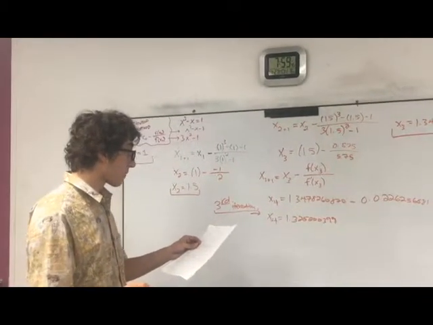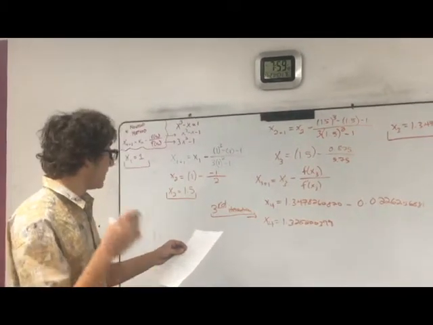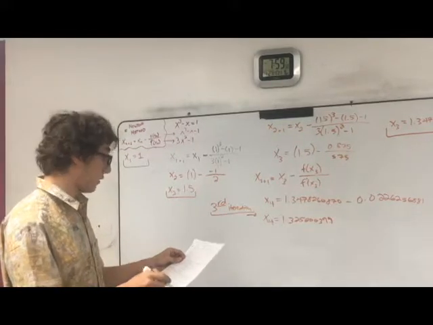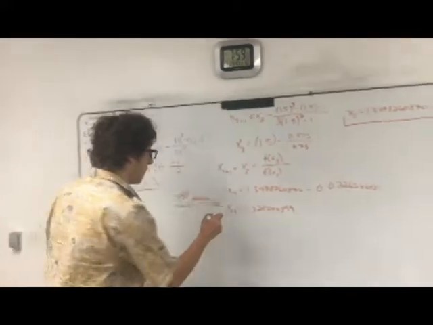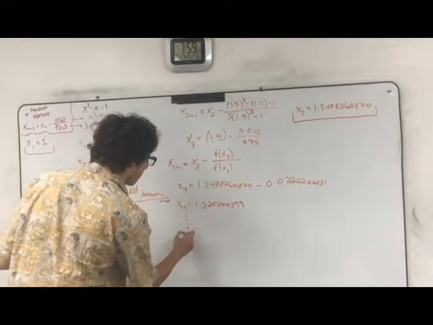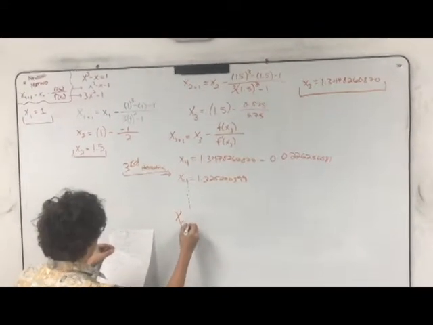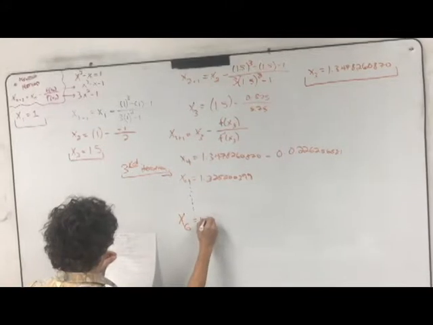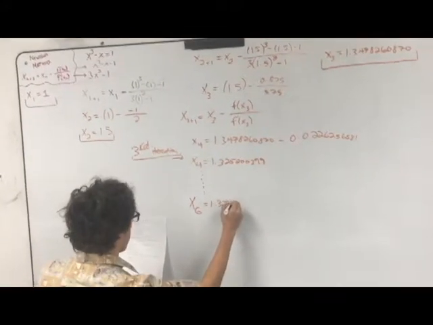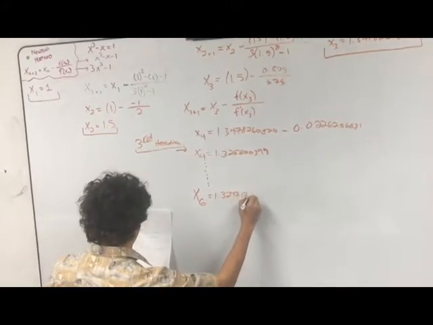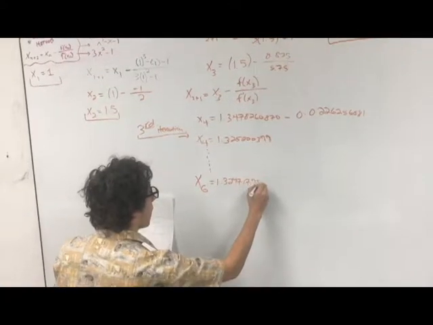And we found that the 5th and 6th iterations matched. So this means x of 6 was equal to 1.324717952.